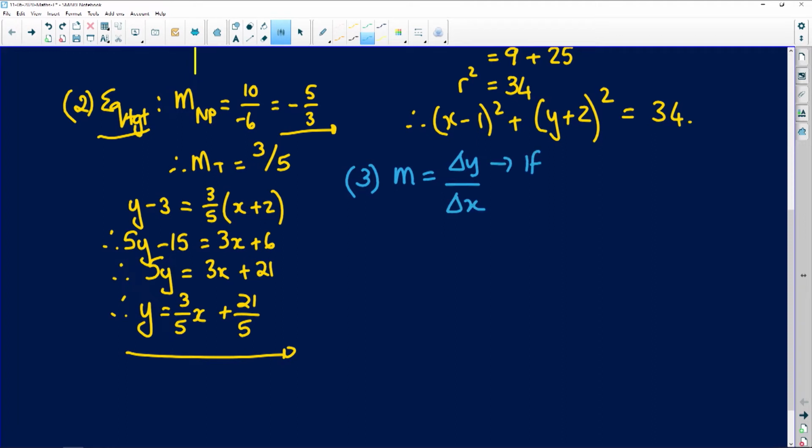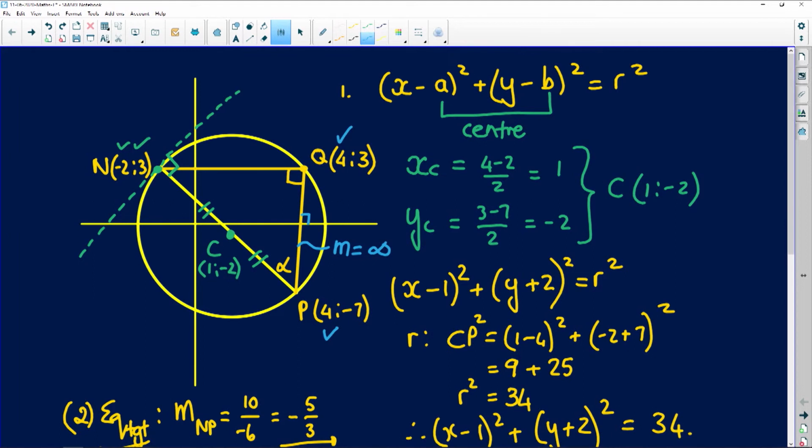If delta y is 0, the line is horizontal. Now, folks, if we look carefully, let's go back to the diagram. This line here has 2 y values that are the same. So for that line, delta y is 0, so it's parallel to the x-axis.